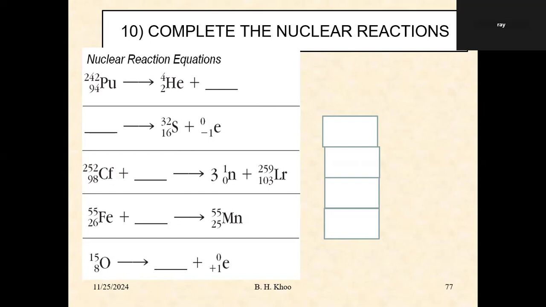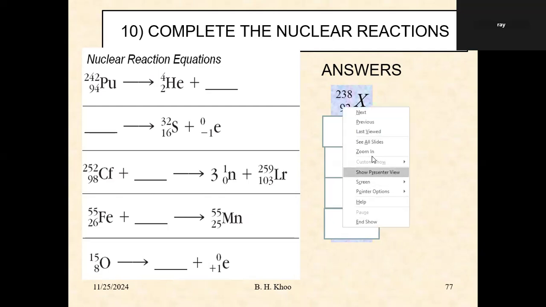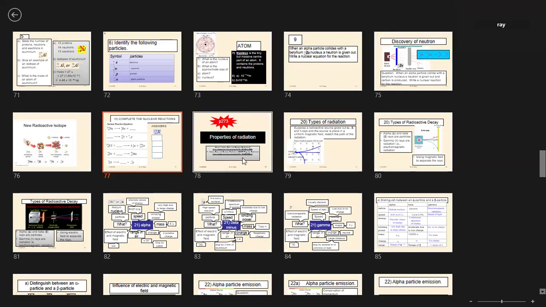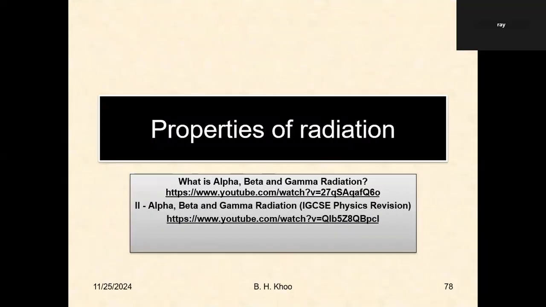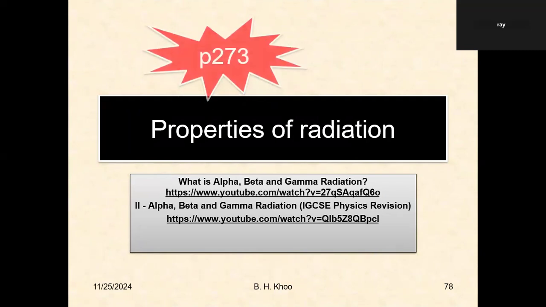What's your A? 238. What is your Z? 92. The rest you can try yourself. Anything you want to ask? If not, we carry on with properties of radiation.